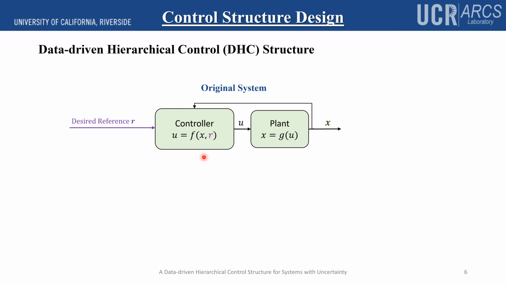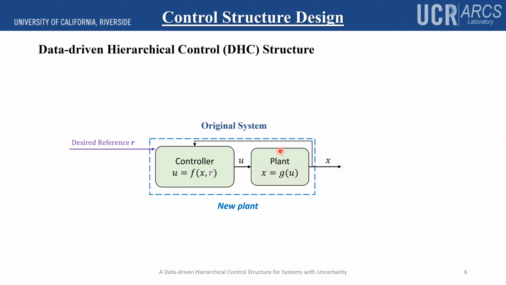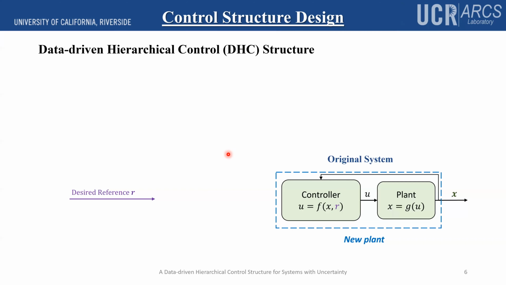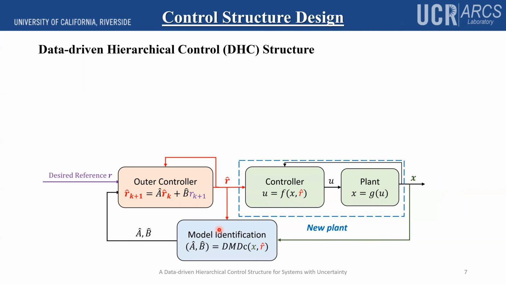Firstly, the low-level controller and the original plant will be combined as a new plant. Then we will insert two new blocks here: the model identification block and the controller block. The main idea of this whole structure is to identify the relation between the reference given to the new plant and its output.